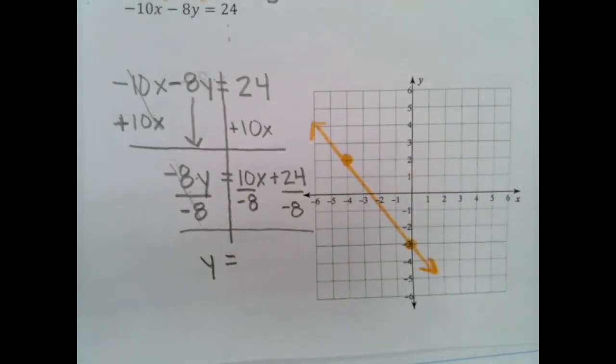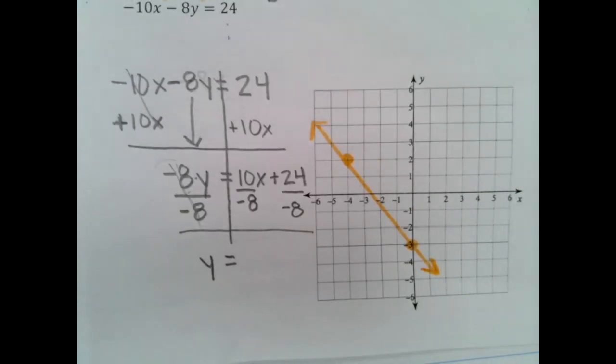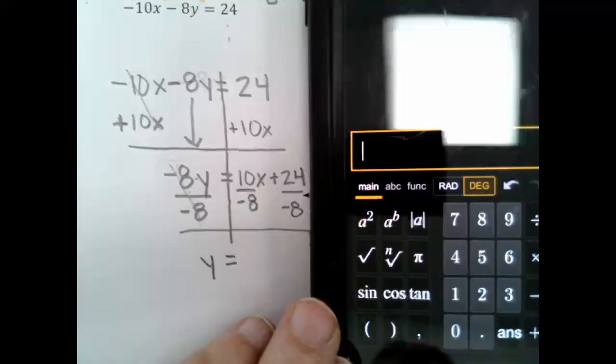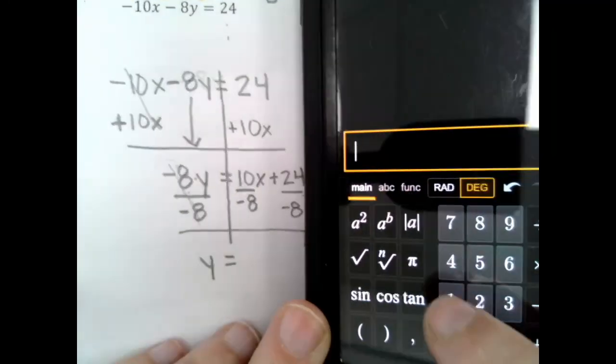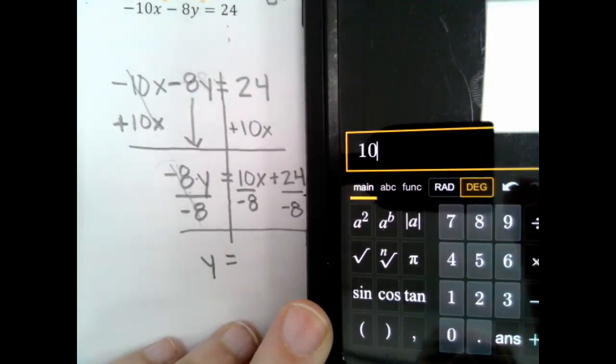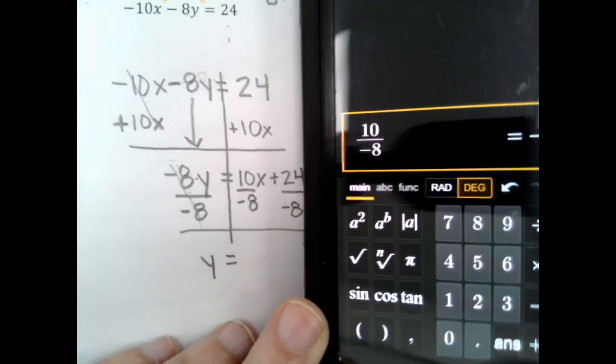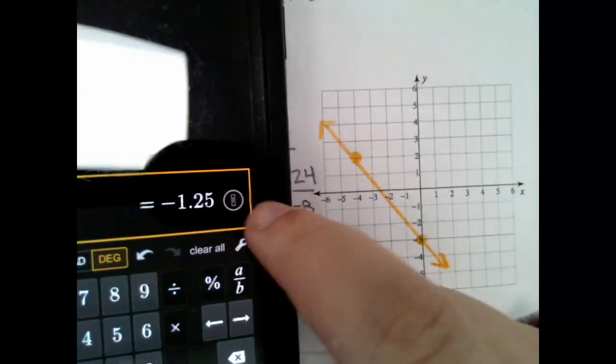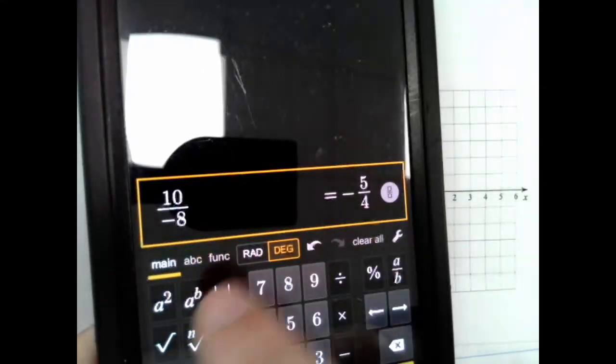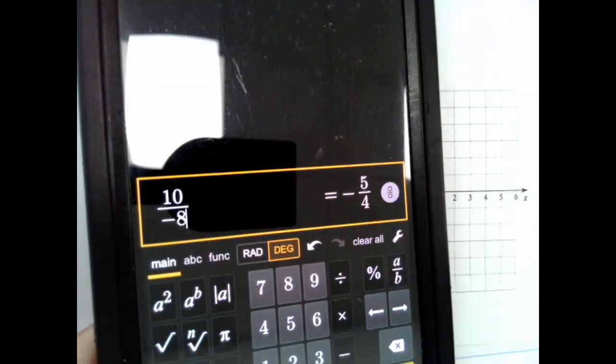Can we do 10 divided by negative 8? Nope. But we can simplify it. If you use a calculator, if you use Desmos, you can do 10 divided by negative 8. What could you divide both 10 and 8 by? 2. And it will tell us that 10 over negative 8 is really negative 5 over 4.